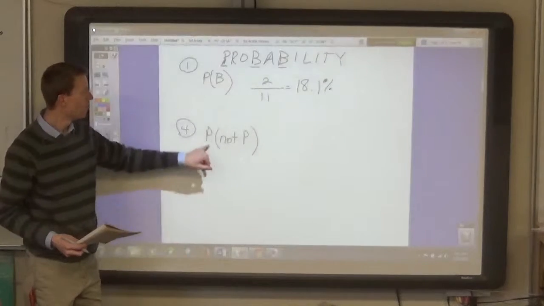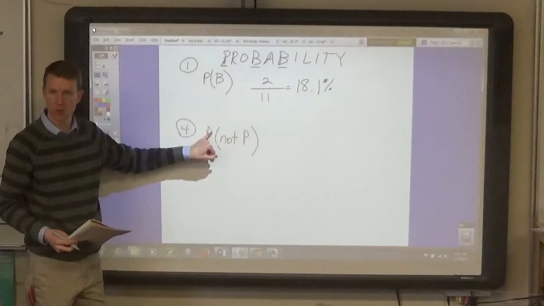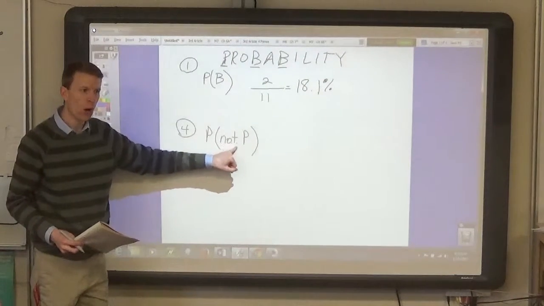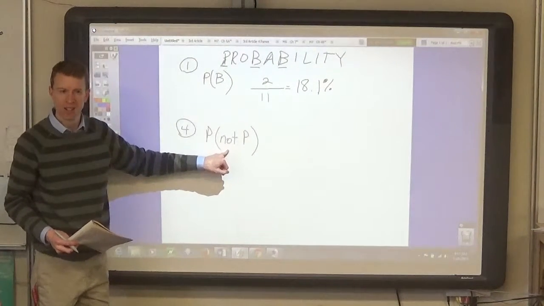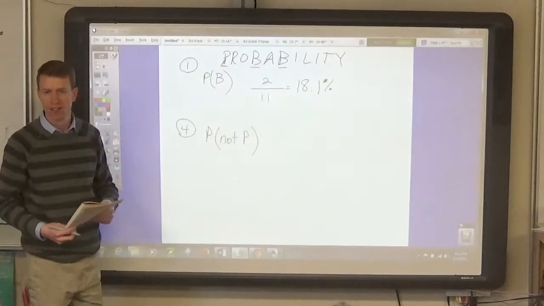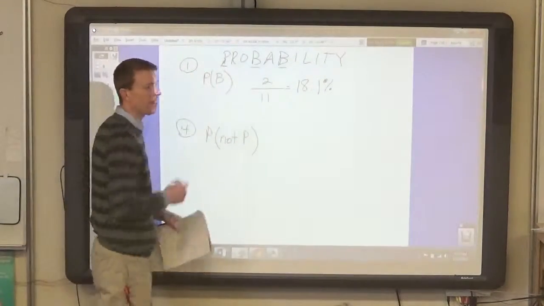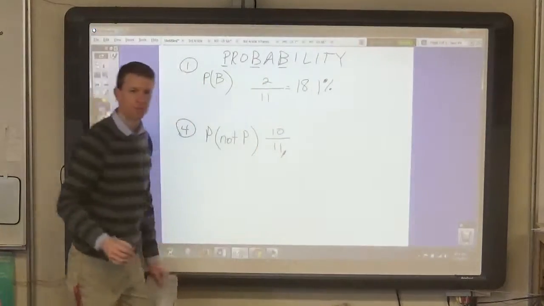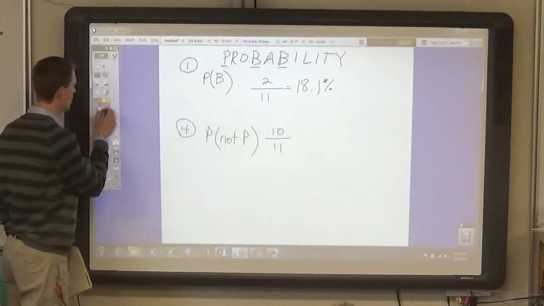The first P stands for the word probability, and then this is the event you want to happen. You do not want to select the letter P. So how many other letters are there? 10 out of 11.